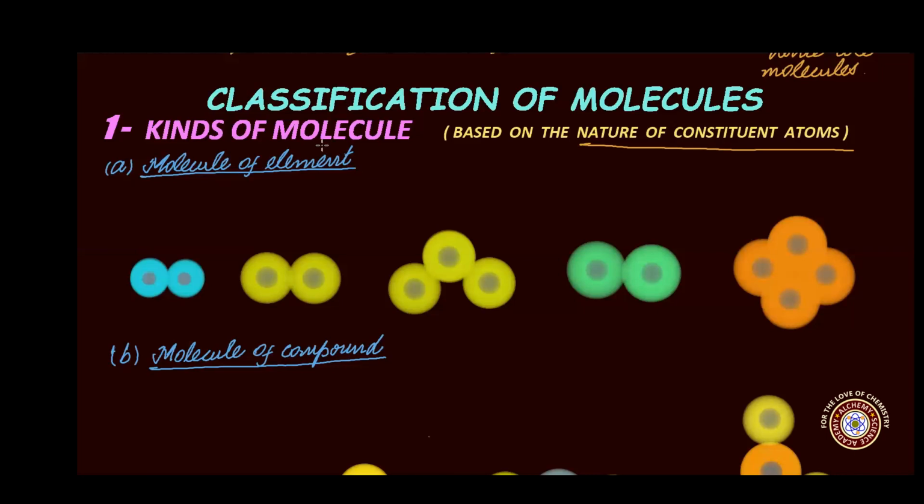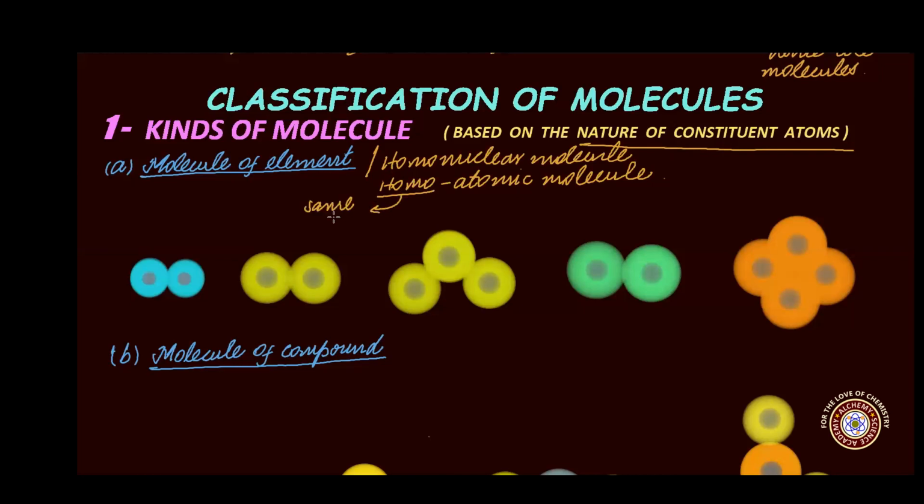Molecules of elements are also called homonuclear molecules, or sometimes homoatomic molecules. The prefix homo means same or identical. Since the atoms forming these molecules are of the same element, they have the same nuclei.